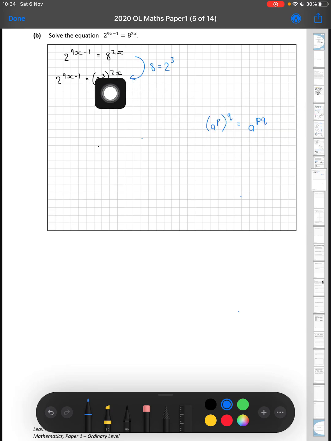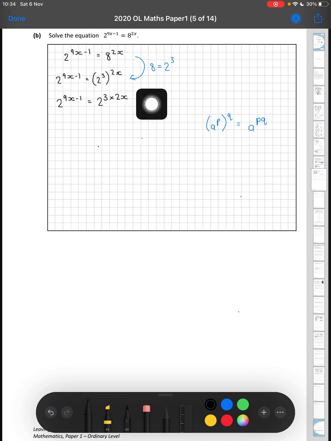So it would have a as the base to the power of p to the power of q is equal to a to the power of pq. So when they're right beside each other, they're multiplying. So here, this is the relationship between the 3 and the 2x. So I can actually rewrite that with them multiplied by each other.